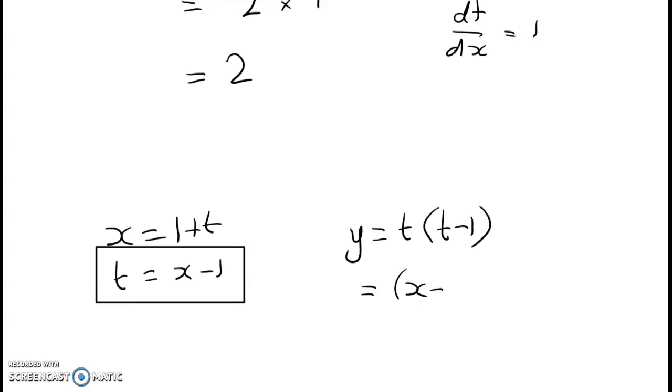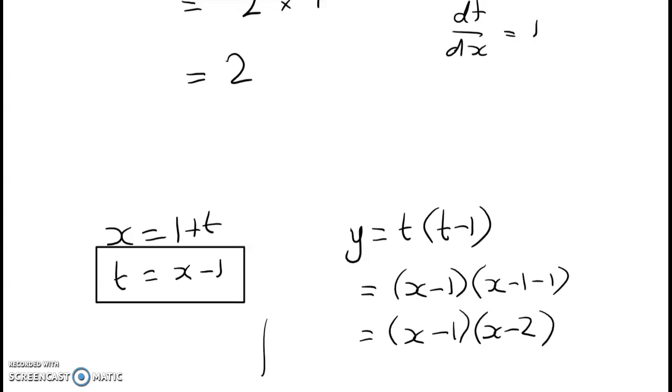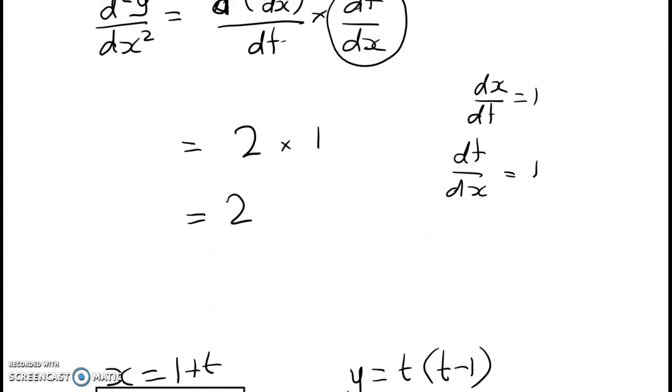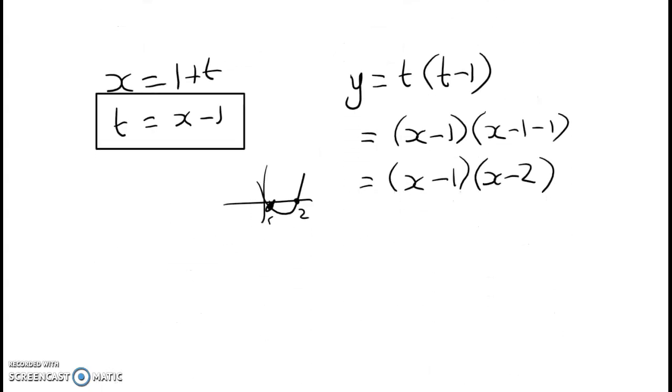Now we've got t written as a function of x. So we've got x minus 1 times x minus 1 minus 1, which gives me a parabola here, crossing at 1 there and crossing at 2 there. So you can see again that we've got that second derivative being a positive number, which means that at the stationary point, we've got a minimum.